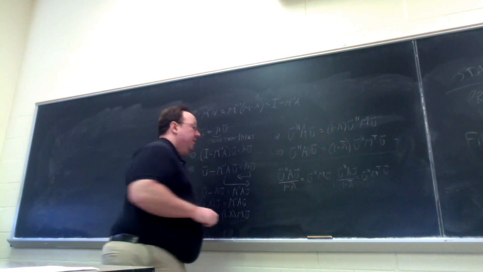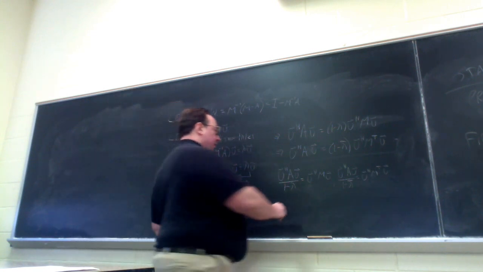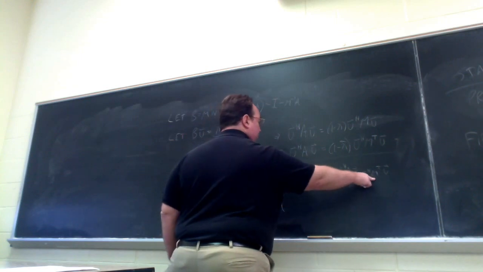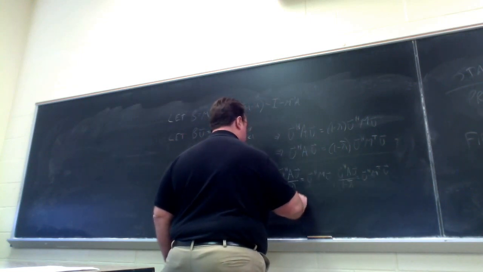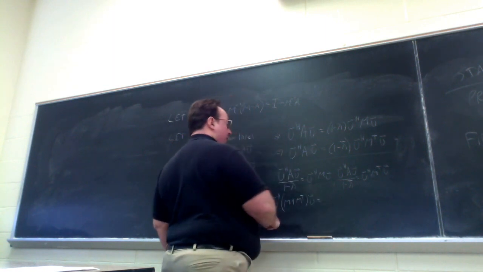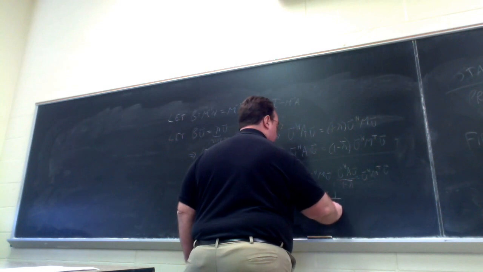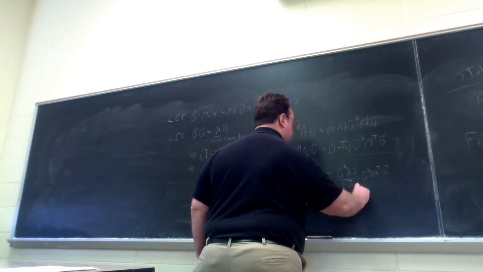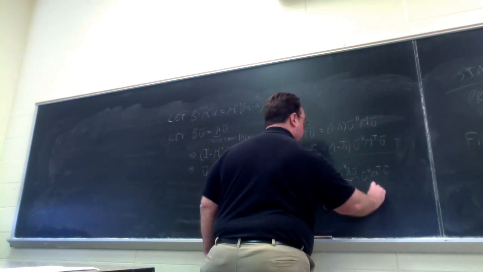Now I'll add these two equations together. So I'm going to get u Hermitian transpose (M plus M transpose) u. And then adding these together, I'm going to get (1 over 1 minus lambda plus 1 over 1 minus lambda conjugate) u^H A u.